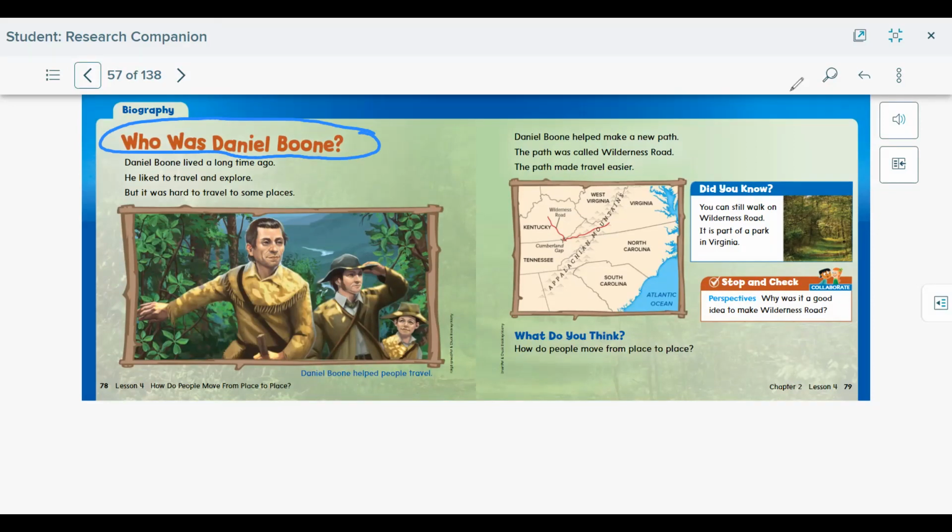You can still walk on that path called Wilderness Road. It's part of a park in Virginia. Why was it a good idea to make Wilderness Road? It's going to help and make traveling easier for everyone else.